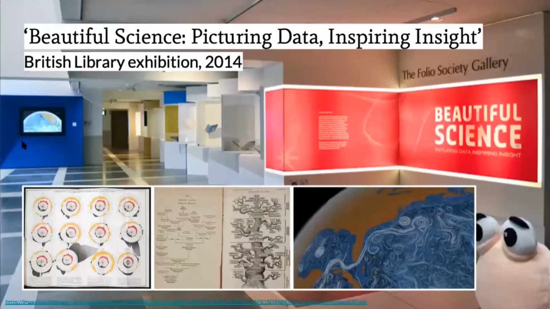And the British Library, in fact, had an exhibition in 2014 that was all about the history of data visualization. And you can see, yes, this is an image of the exhibition where they were contrasting historic examples from the library's collection with contemporary examples of visualization being made today.